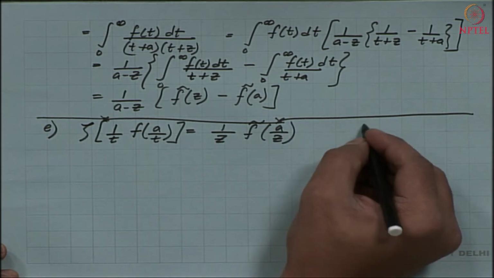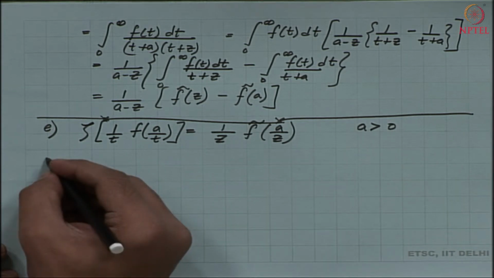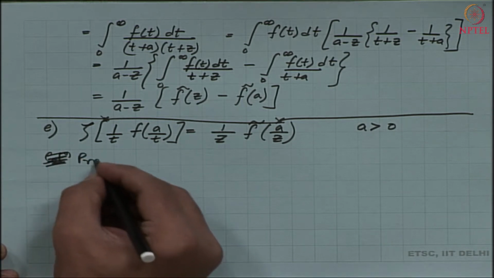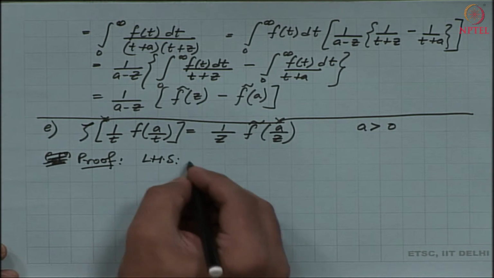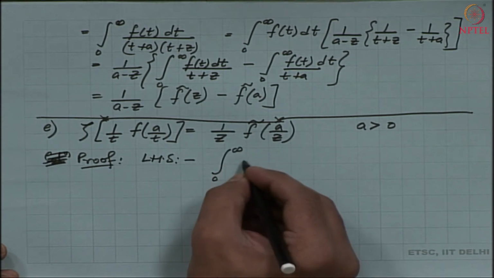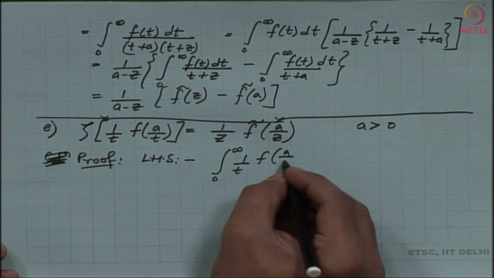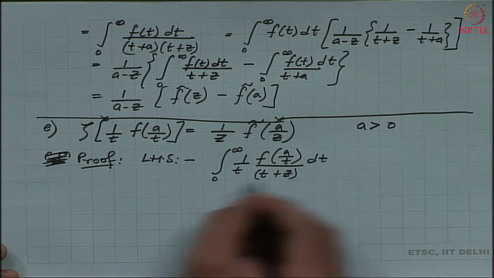Okay, and again I continue to assume that a is a positive real number. So, to prove this result, let me again start with the left hand side, and I get the following integral from 0 to infinity of 1 by t f of a by t divided by t plus z dt.